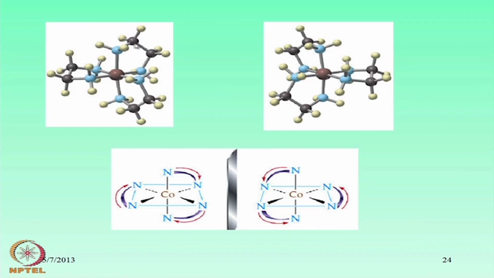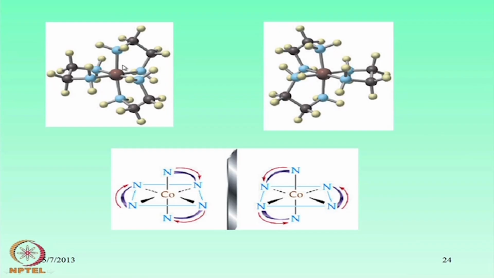So this is the chelate. This is the ball and stick diagram obtained by determining the X-ray structures of the molecules, and the ORTEP plot gives a similar arrangement, which is the corresponding three-dimensional arrangement.